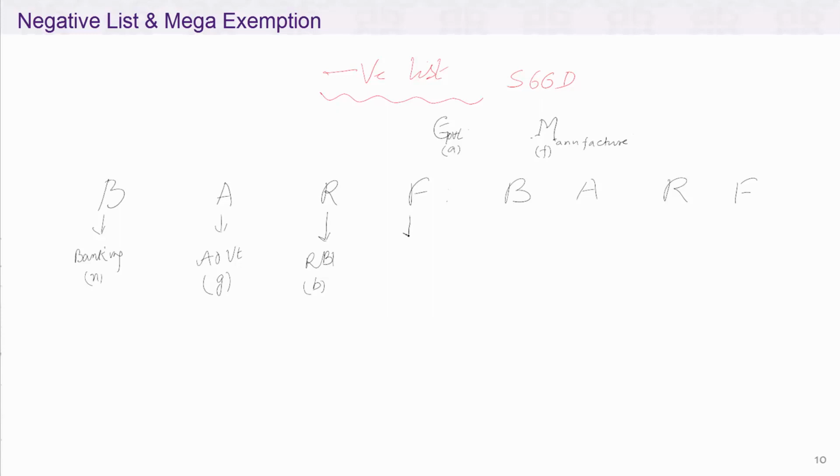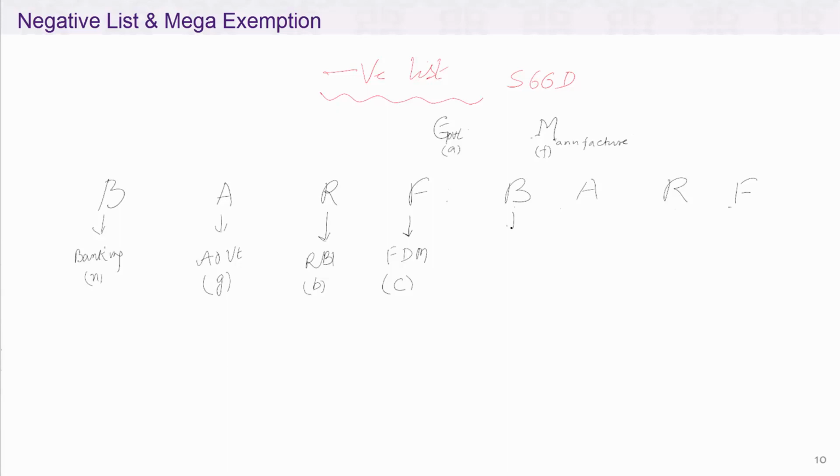And F, it is foreign diplomatic missions, foreign embassies. So these are under C, consulars, consul offices. NGBC, of course, BARF, first category BARF here means banking, advertisement, RBI and FDM, foreign diplomatic missions. And another BARF here is low profile BARF.